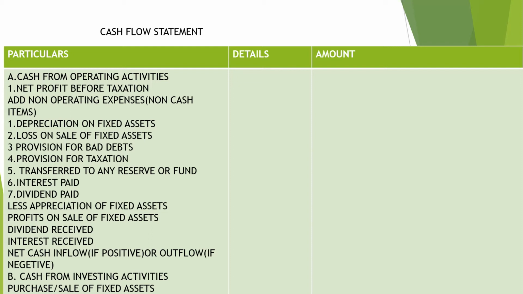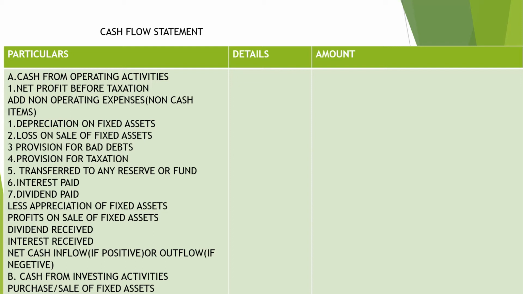Add non-operating expenses, that is non-cash items. First is depreciation on fixed assets. What is depreciation? Wear and tear of fixed assets or decrease in the value of fixed assets due to its wear and tear. Second, loss on sale of fixed assets.